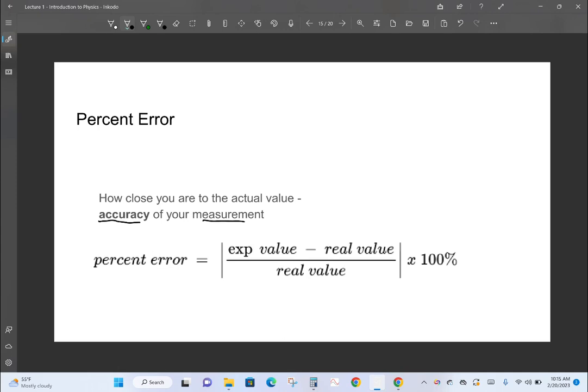And to do that in class, we usually find the percent error. We take the experimental value and then we take the real value and we divide it by the real value. So an example would be finding pi. Maybe in lab, you found it to be 3.12. But in your calculator, the actual value is pi on your calculator, right? Which is 3.1214, blah, blah, blah. It keeps going.